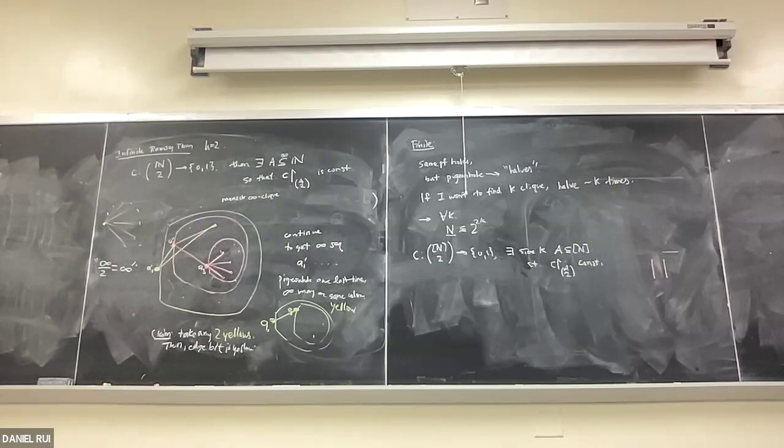And any coloring like this, there exists an infinite subset in N such that the coloring is constant. So same business. And my claim is that this actually is not much harder than the infinite Ramsey theorem in the H equals 2 case.